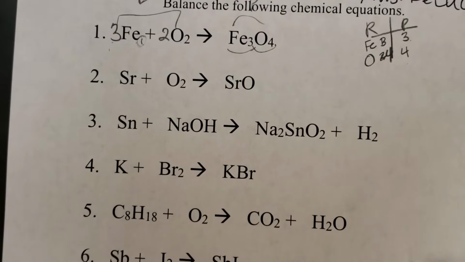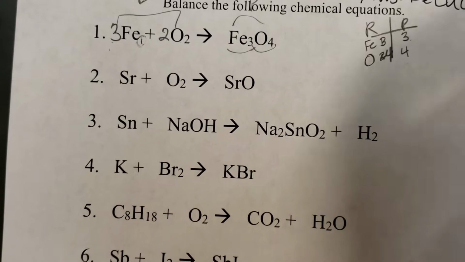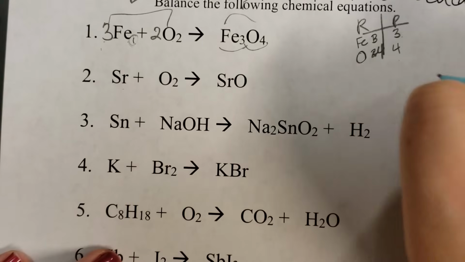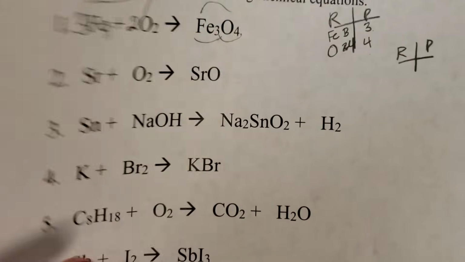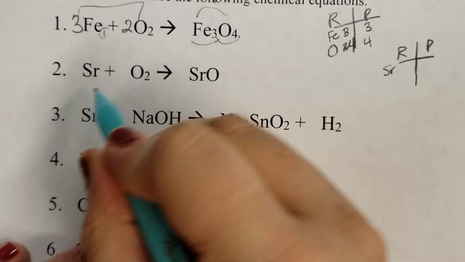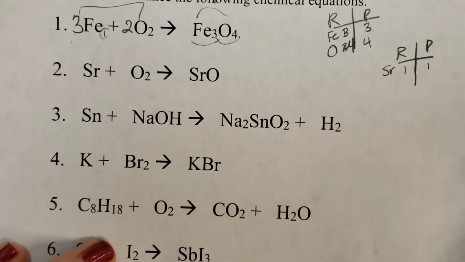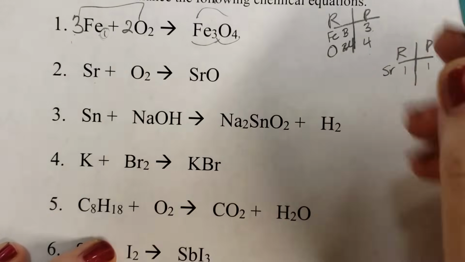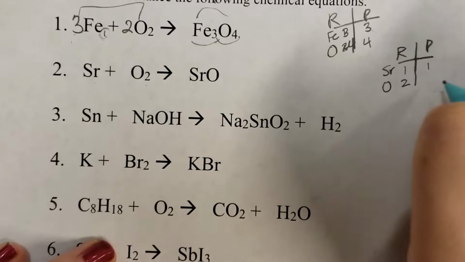All right, we'll do the next one. Sr plus O2 yields SrO. So again, we're going to make our little chart, reactants and the products. For strontium, we have 1 on this side and 1 on this side. That's easy. And then for oxygen, we have 2 on this side and 1 on this side.